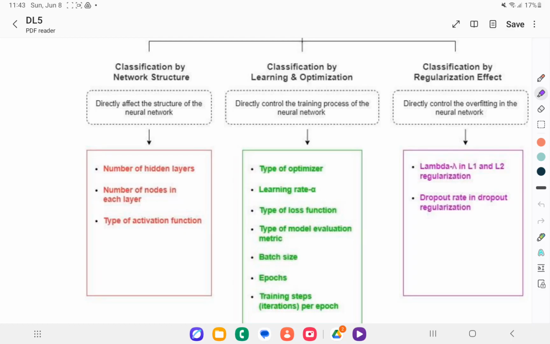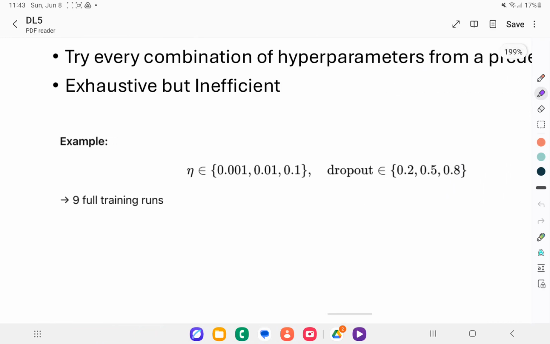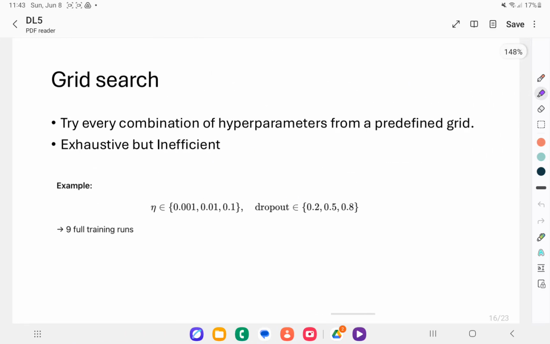Random search has been shown to outperform other methods in high dimensional spaces, as it covers more of the parameter space efficiently. If we talk about grid search, that's a brute force method of hyperparameter tuning. You define a discrete set of values for each hyperparameter, and then you try every combination possible.